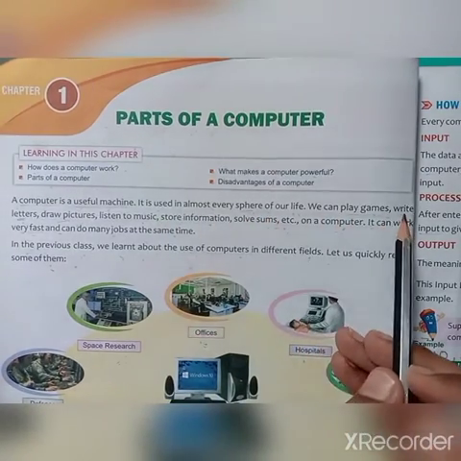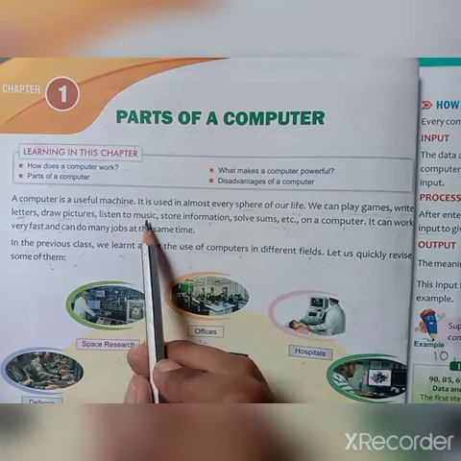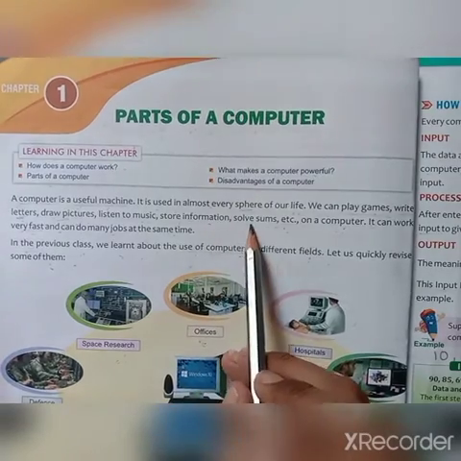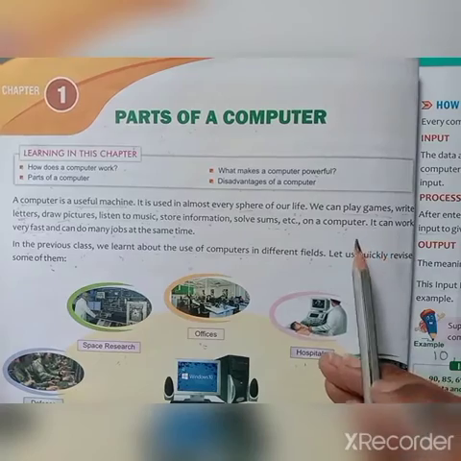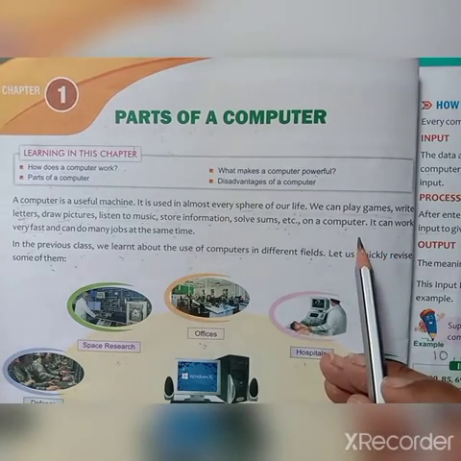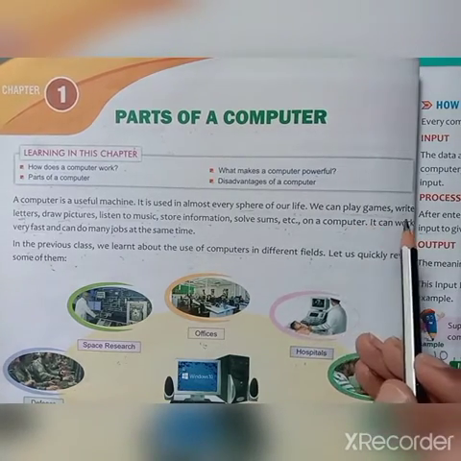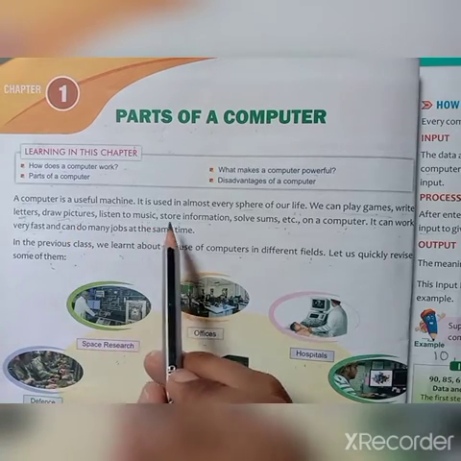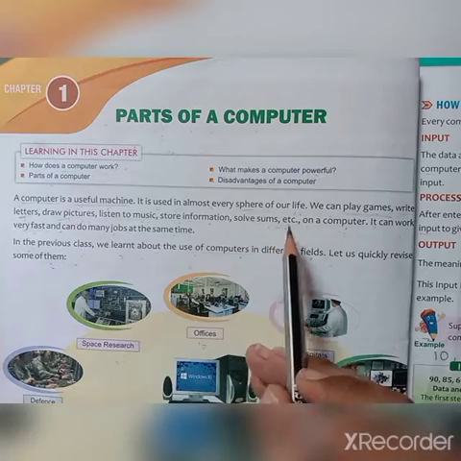We can play games, write letters, draw pictures, listen to music, store information, solve sums, etc. on a computer. All these are work which we can perform on a computer.